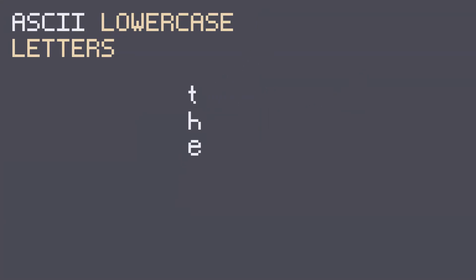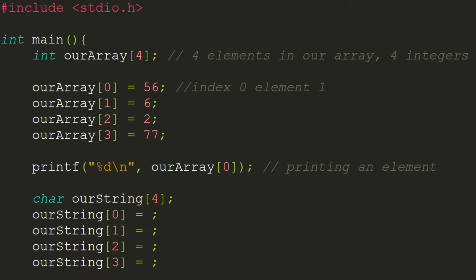So lowercase t is 116, lowercase h is 104, and lowercase e is 101. So we're just going to go through our array and assign at index 0 the value 116, at index 1 the value 104, and at index 2 the value 101. And then finally at index 3, we're going to assign the value 0, and that's for the null character to show the end of our array.